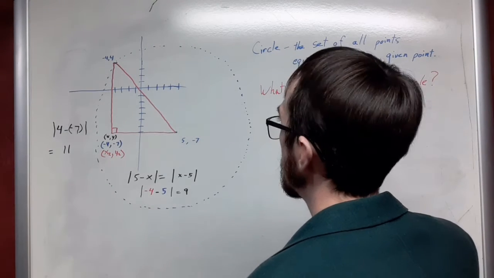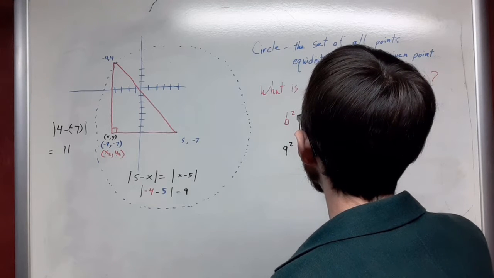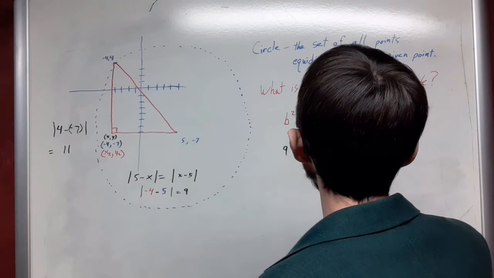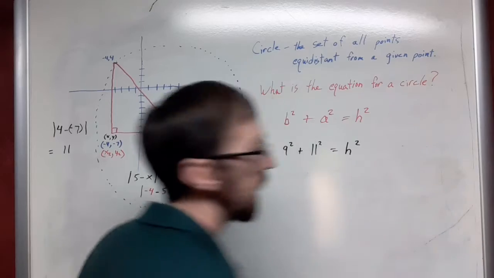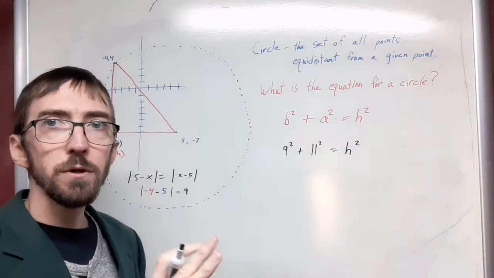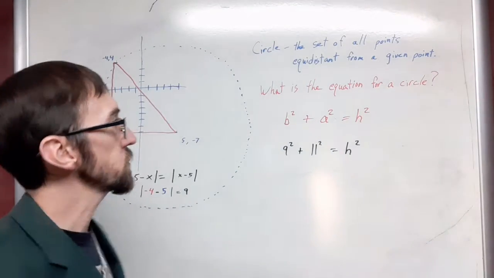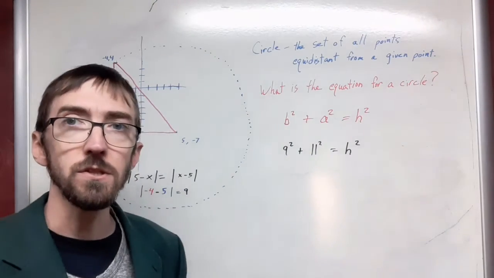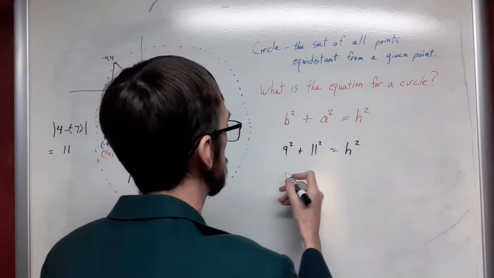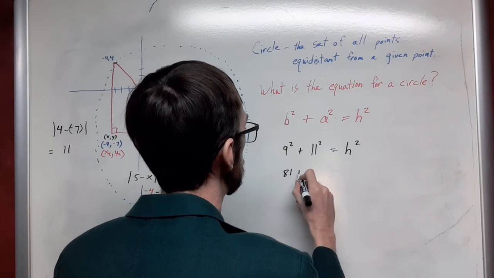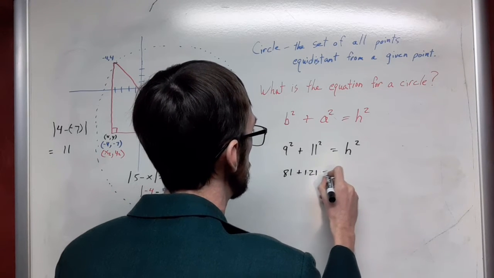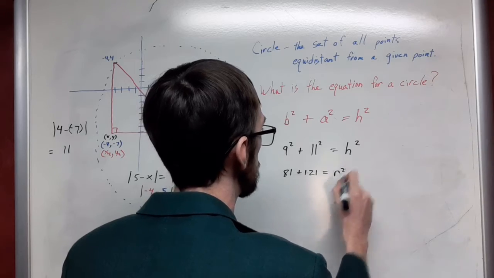We're going to square that. The altitude is 11. We're going to square that. And that is going to equal our hypotenuse. But remember, our hypotenuse is also the radius for our circle, so we can rewrite this h as an r. And so we're going to have 81 plus 121 is equal to r squared.